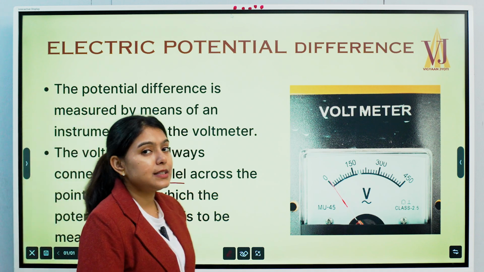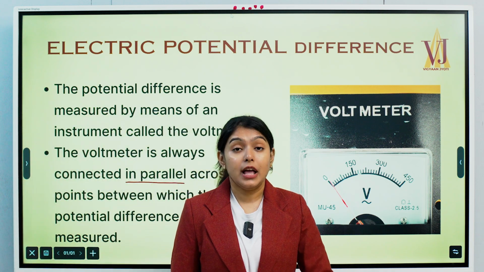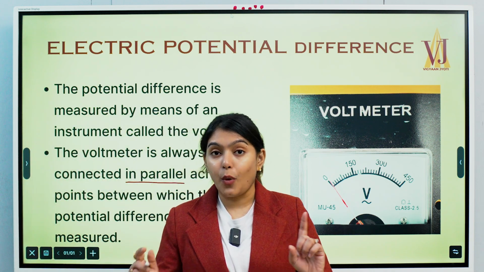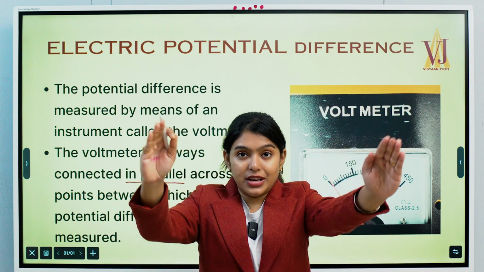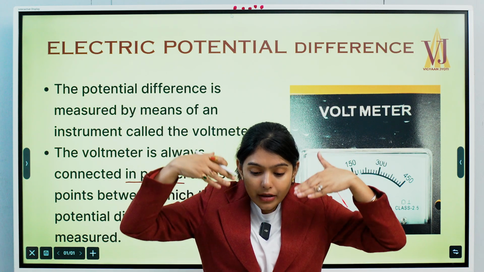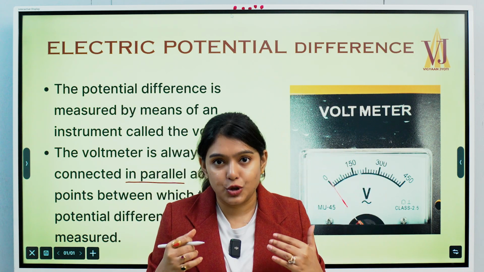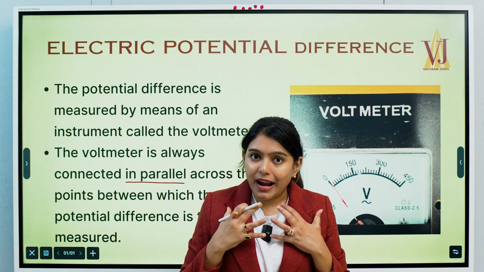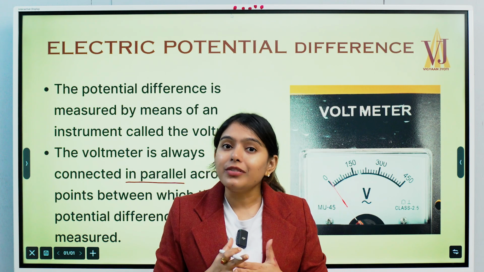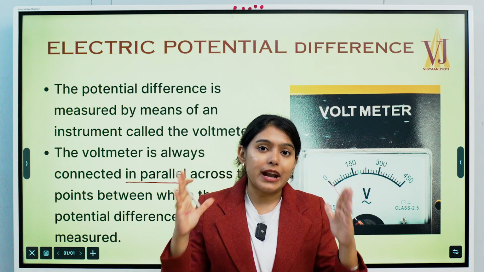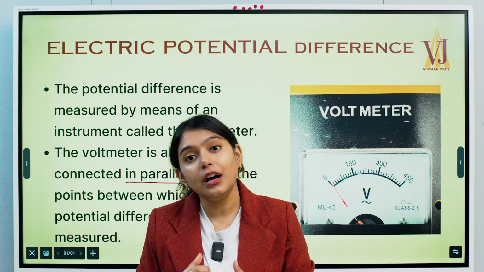Now why is it in parallel? First of all, you have to understand this point. With the voltmeter, you are measuring the potential difference, the amount of work done. If you yourself become part of that job, you are just adding jobs, right? You are not measuring jobs. So for that reason, we apply it parallelly to the circuit.